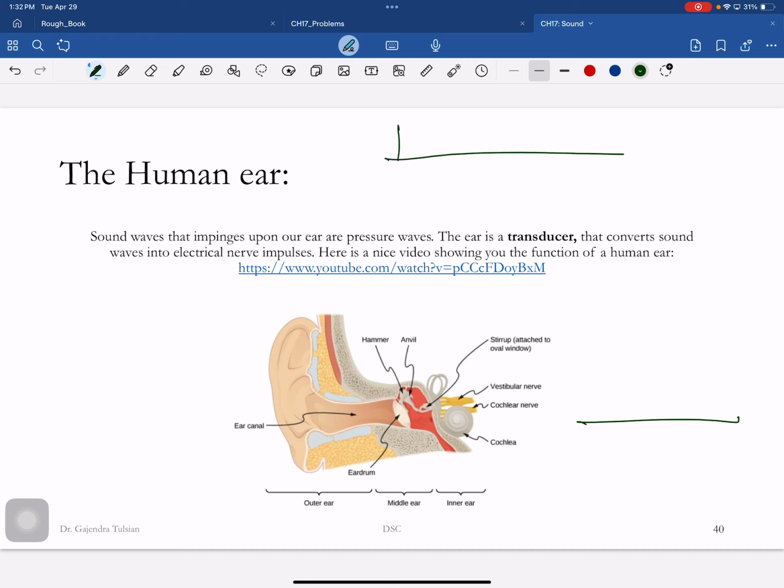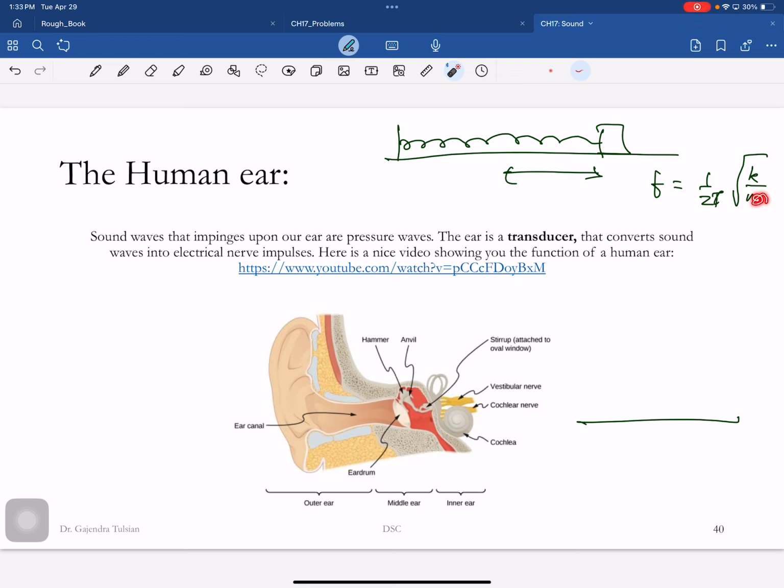We talked about, remember I said, this is a mass attached to a spring, and its frequency of vibration is 1/2 pi times the square root of k over m. Heavier the mass, lower the frequency. Stiffer the spring, higher the frequency. So the natural frequency depends on the properties of the medium.